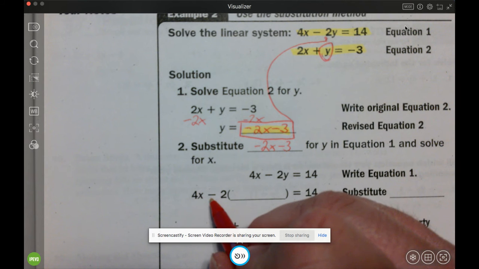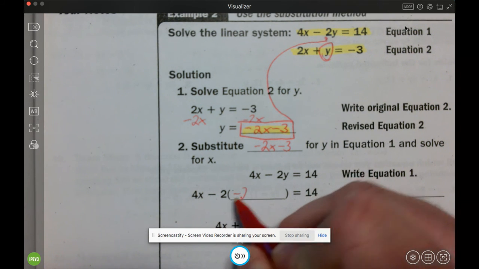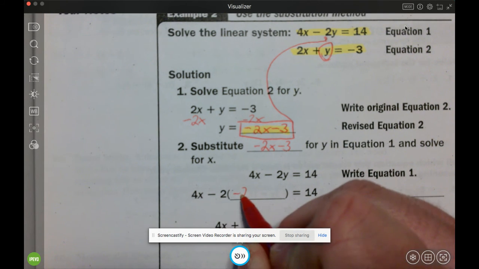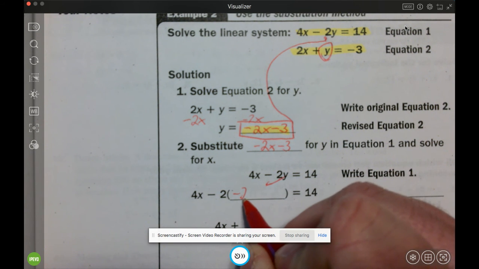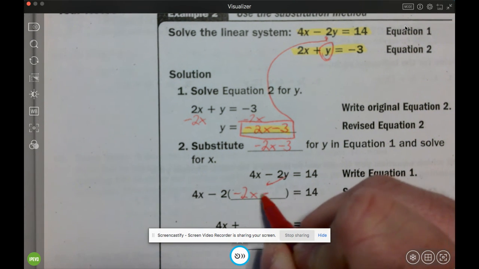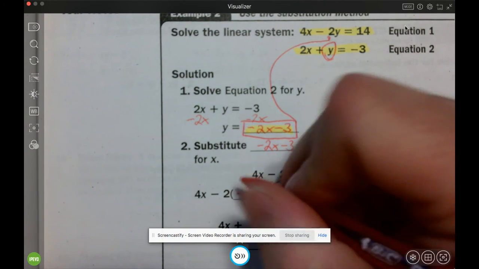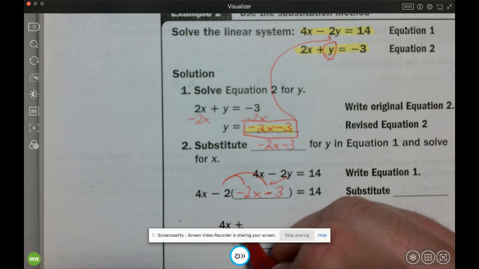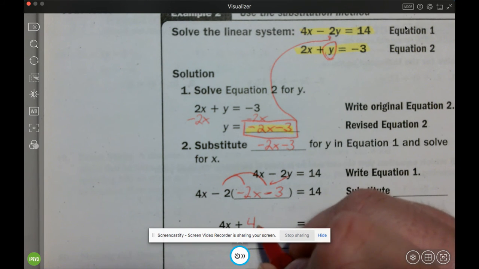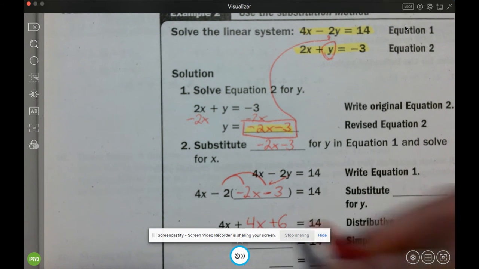So I get 4x minus negative 2 times what my y is now, which is, like I said, negative 2x minus 3. Surprised I haven't made a mistake yet with the pen. I'm going to kind of jinx myself, I bet. So distribute. So 4x plus 4x, negative times a negative, plus 6.